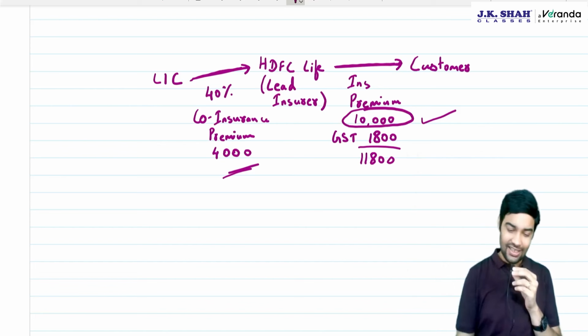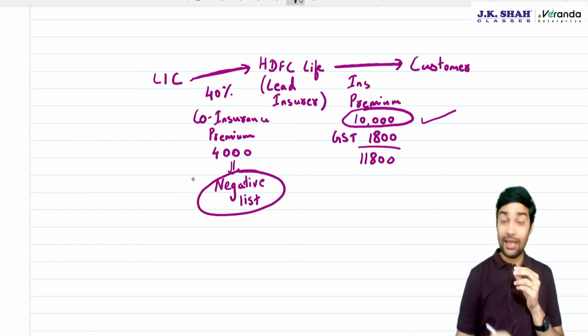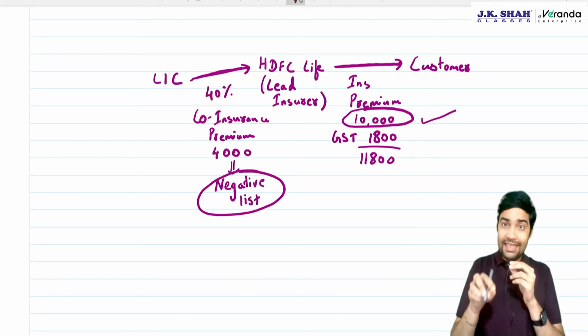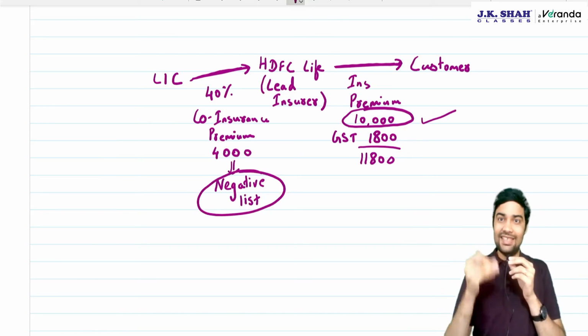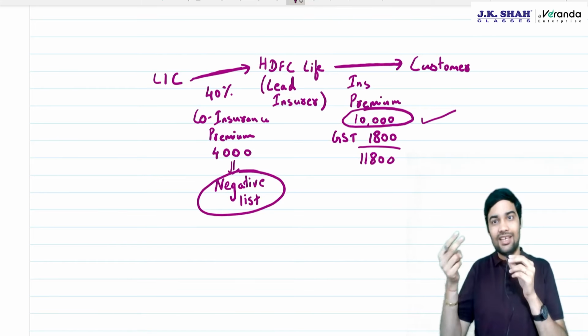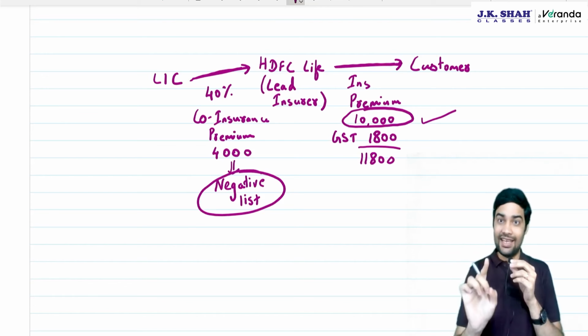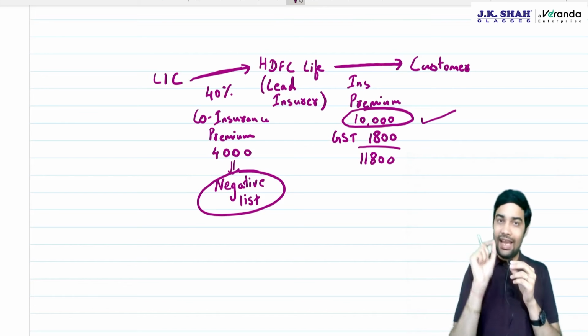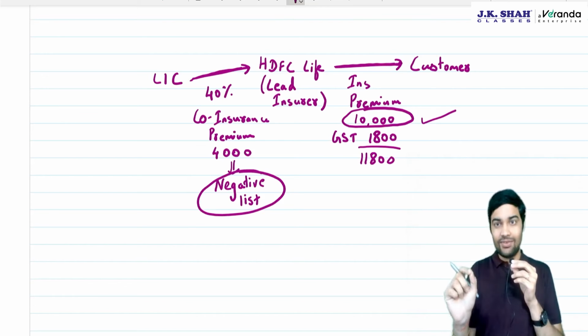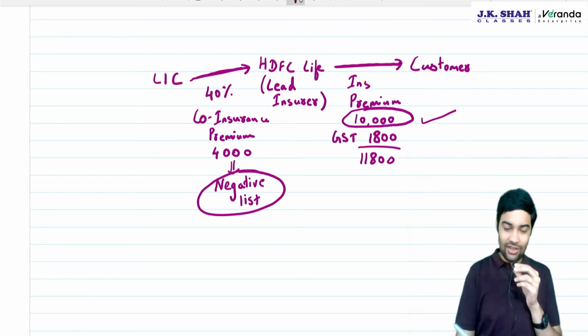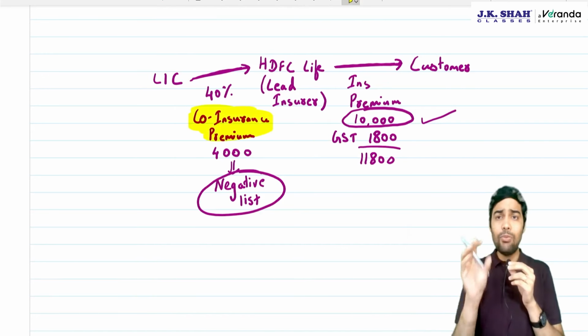Would you believe government added this in negative list and said co-insurance premium will not be liable to GST if the lead insurer has paid GST on full insurance premium which is charged to the customer. Again, listen to me very carefully. LIC to HDFC Life. There will not be any GST on co-insurance premium because it is merely an apportionment.